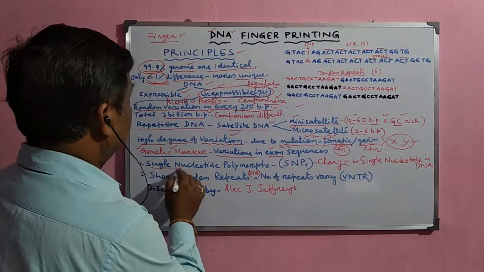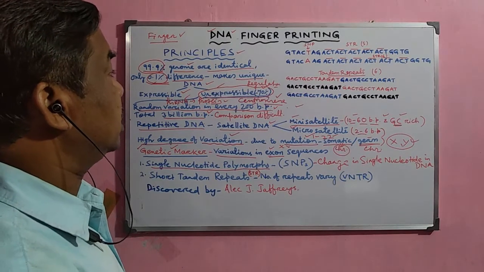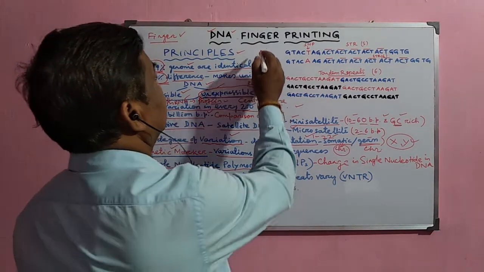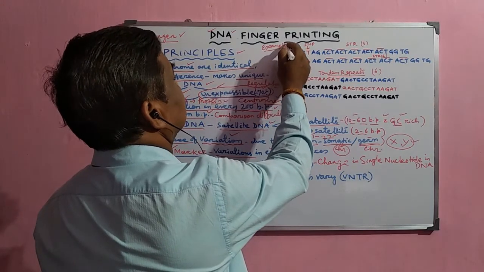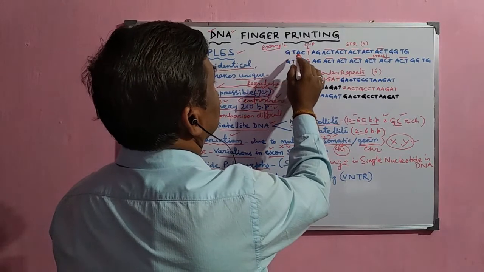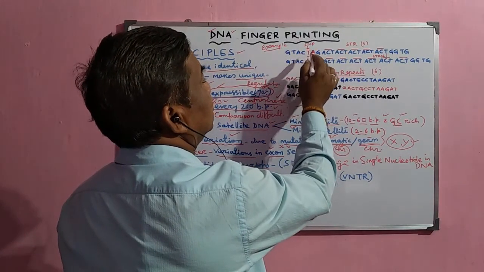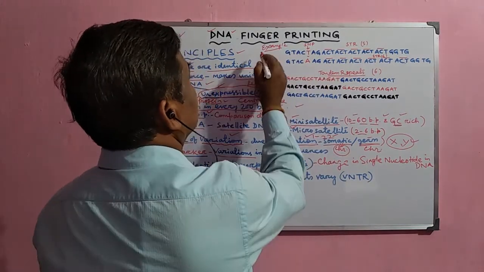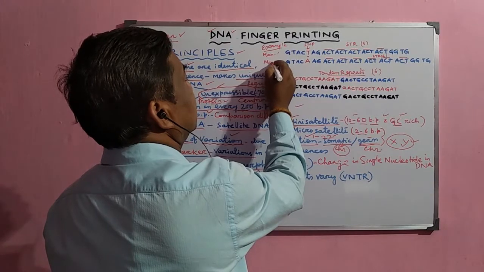One is the single nucleotide polymorphism. Now, what is a single nucleotide polymorphism? Look at the example here. Here G, T, C are the base sequence, and in this case you will find T. Suppose this is individual 1 and this is individual 2.